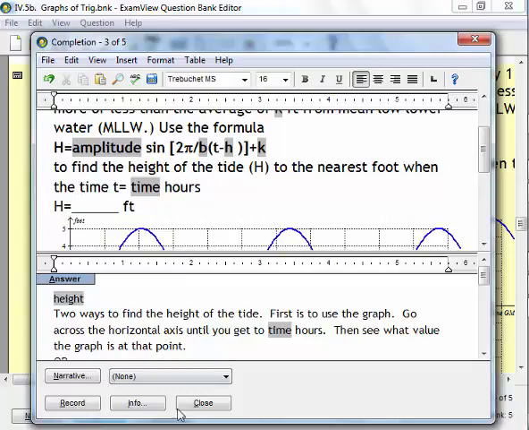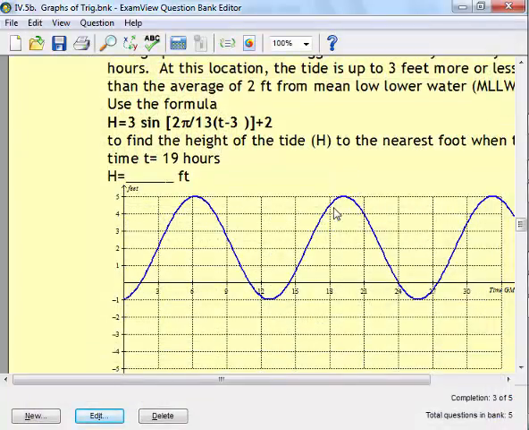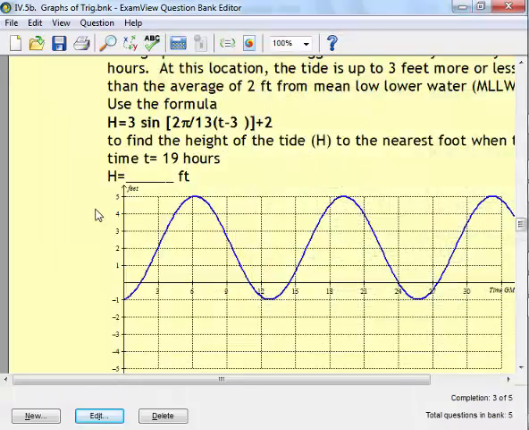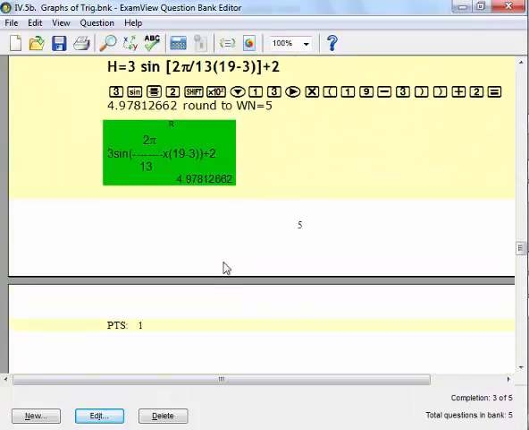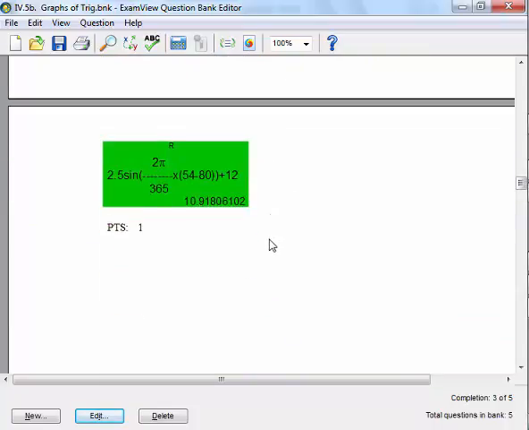Okay. So, if you notice here, let's do this first one here, where we're going to find the time of the tide.